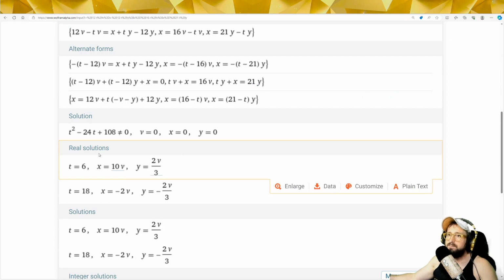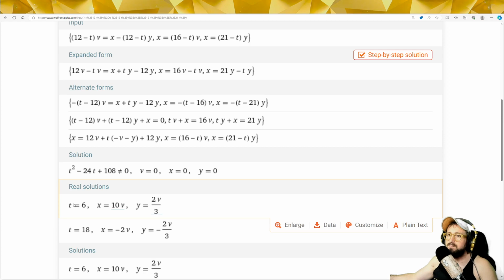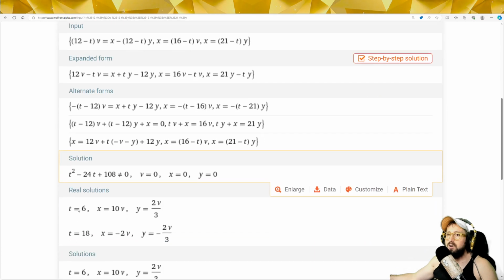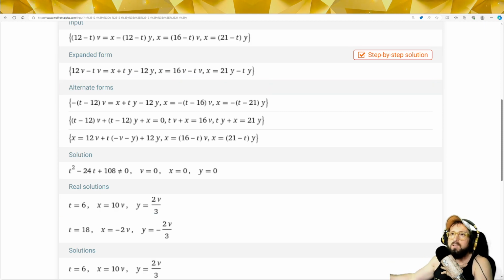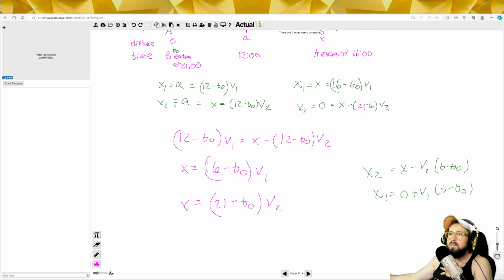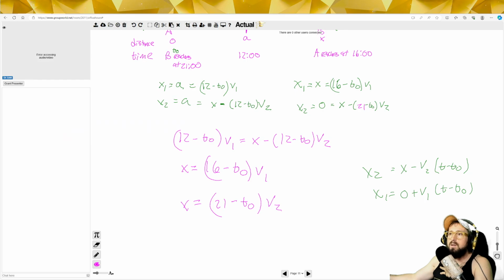Okay. It has solutions for t though. Yeah, it has solutions. It has 6 and 18. So this tells me right now that x I don't care about. x was just a position.